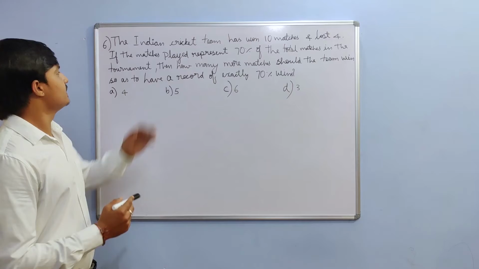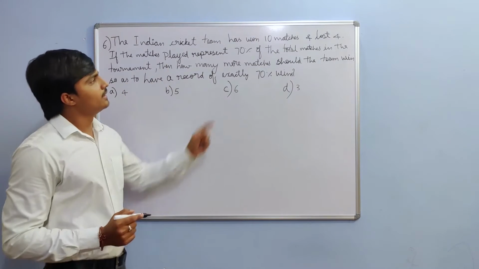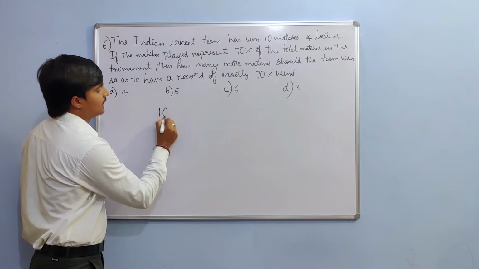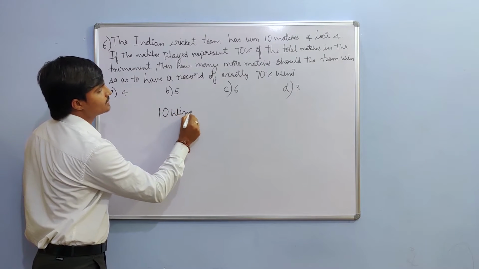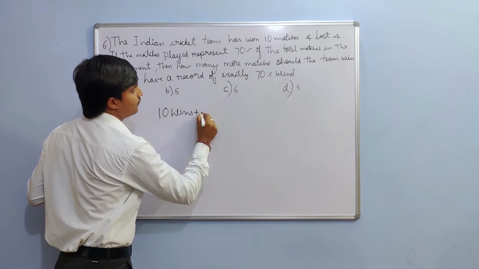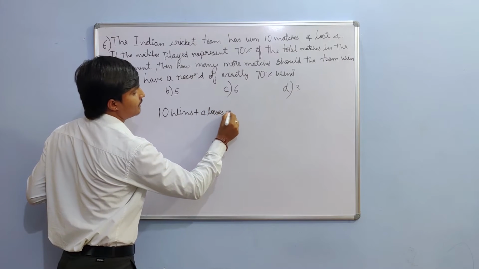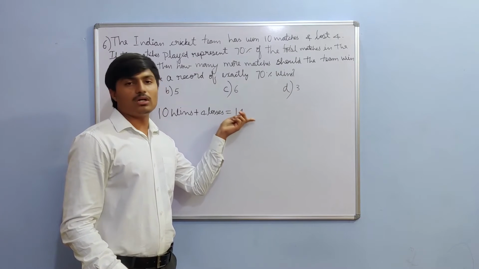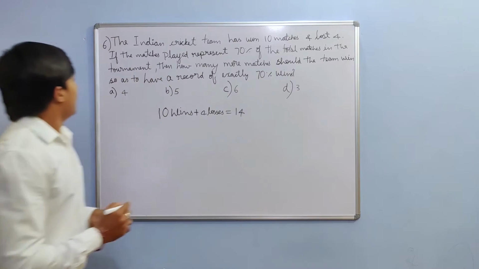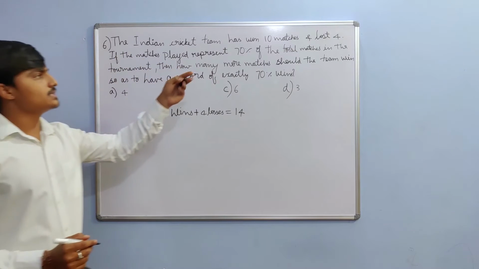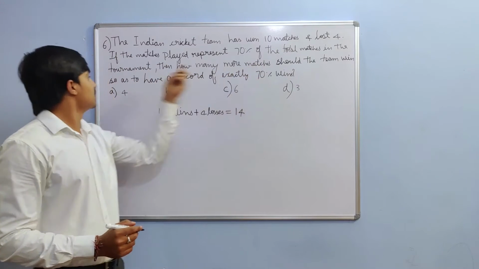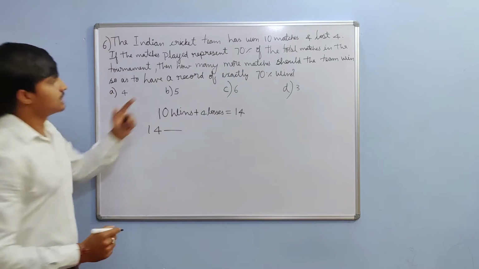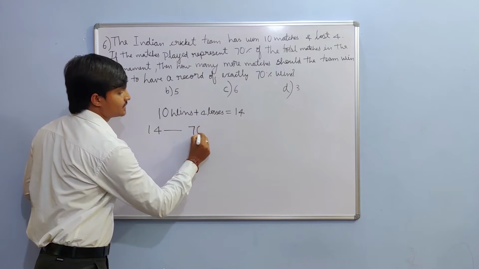From the question, we can see that the Indian cricket team has won 10 matches and lost 4. So they have played 10 wins plus 4 losses, that is equal to 14. This 14 is the total matches that they have played, and if the matches played represent 70% of the total matches in the tournament, it means this 14 matches represents 70% of the total matches.